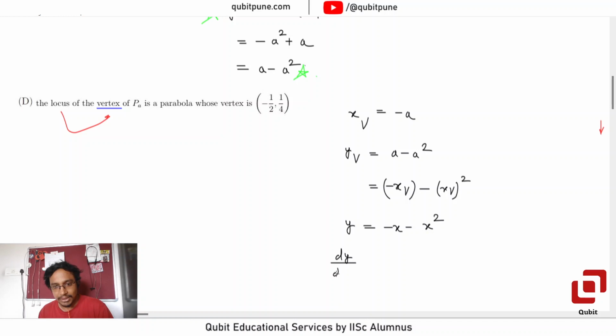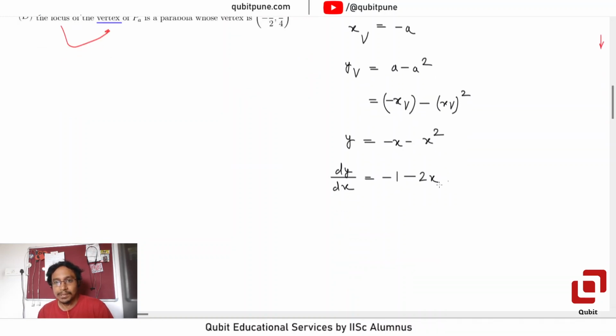Dy by dx is equal to minus 1 minus 2x, which must be equated to 0. So x must be equal to negative 1 upon 2, and y must be equal to 1 upon 2 minus 1 upon 4, or 1 upon 4.